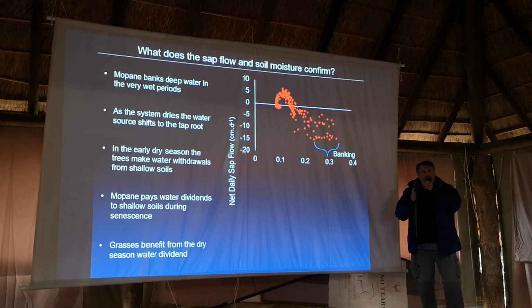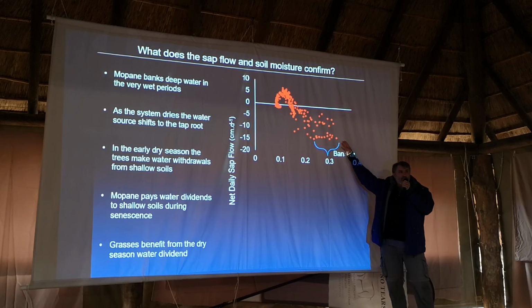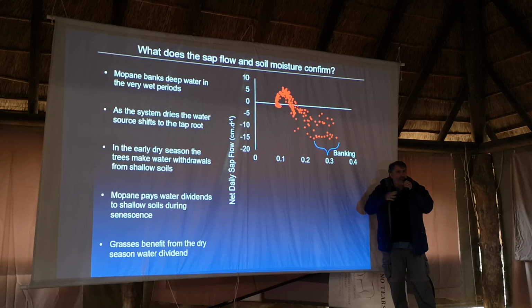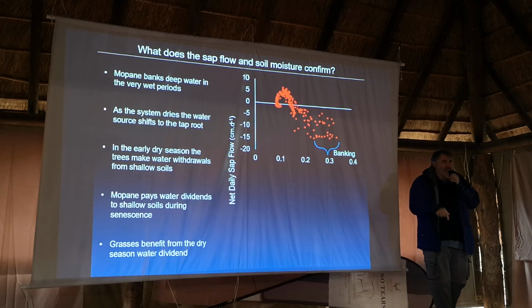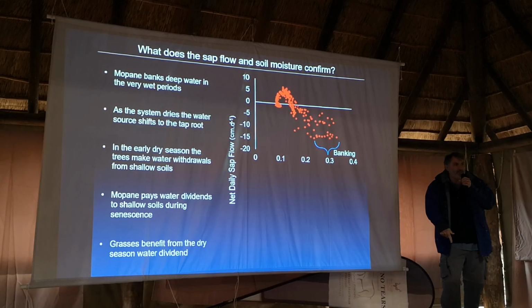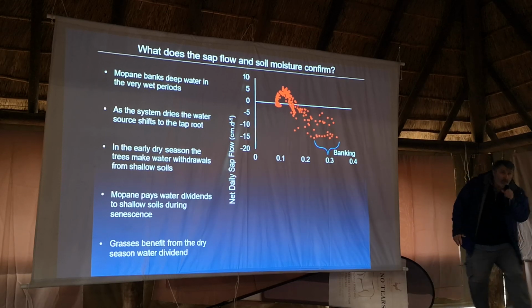Initially, when the first rains come, we've got a period where the net flow in the shallow roots is negative. There's water flowing into the soil. At the same time, during this banking phase, the flow in the stem is negative. So the water is flowing into the ground. And I've described that as banking.